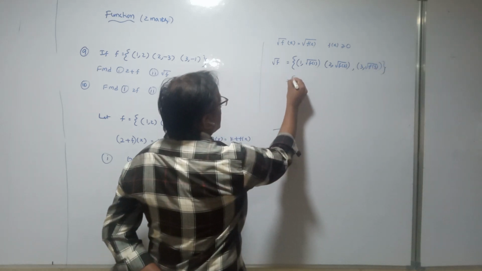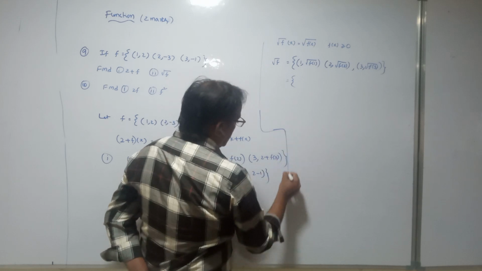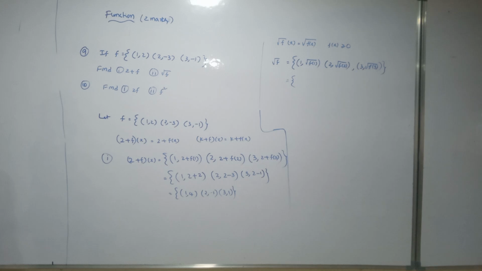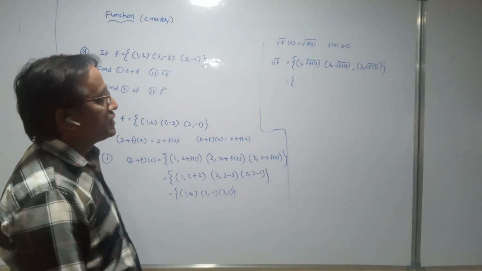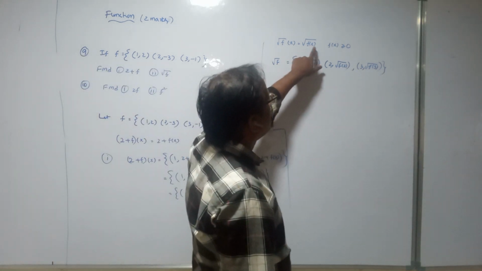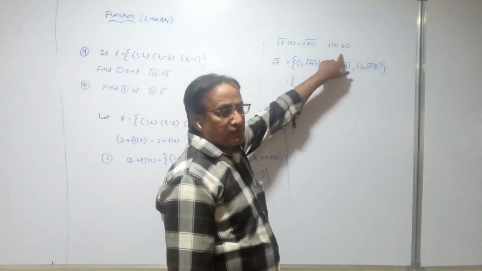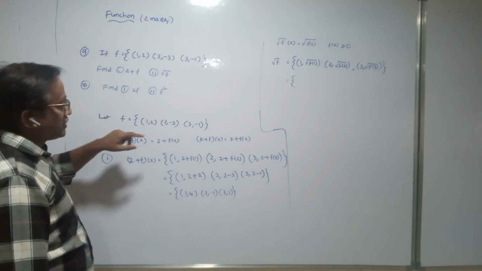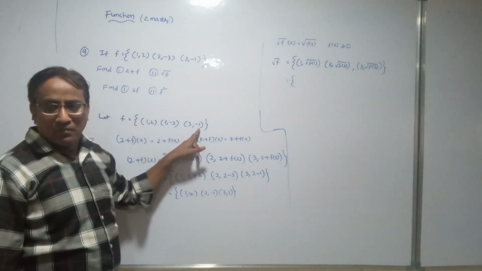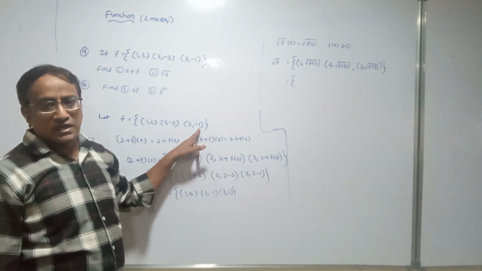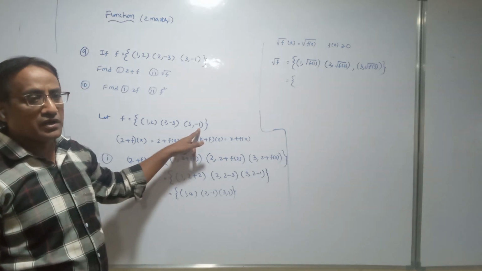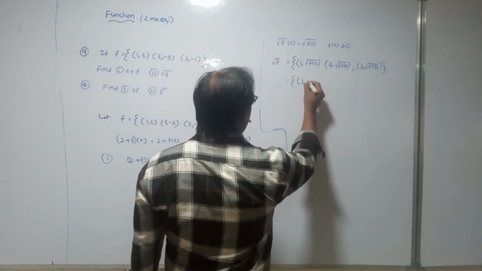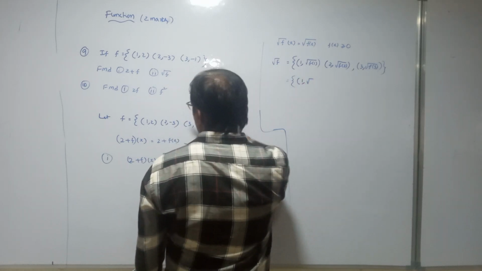Now there is a chance of getting a wrong answer here, because you need to understand that this is defined only for those which are f of x greater than or equal to 0. Now if you observe f of 3, it is minus 1. You should not write that. Remember, very important point. So that will be (1, root f of 1 is 2).